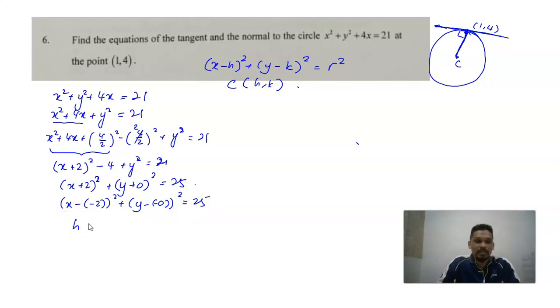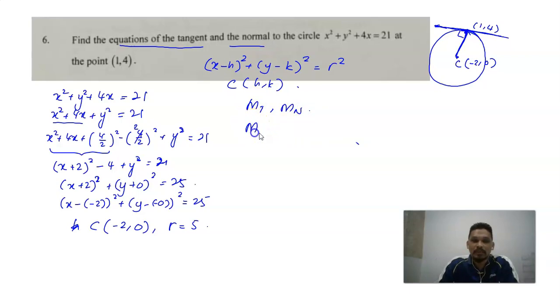So we call the center of the circle negative 2, 0, and the radius, this is r square, so the radius is 5. So according to this picture, the center is negative 2, 0. Now before we come up with the equation of tangent and equation of normal, we need to find out the gradient of tangent and gradient of normal.